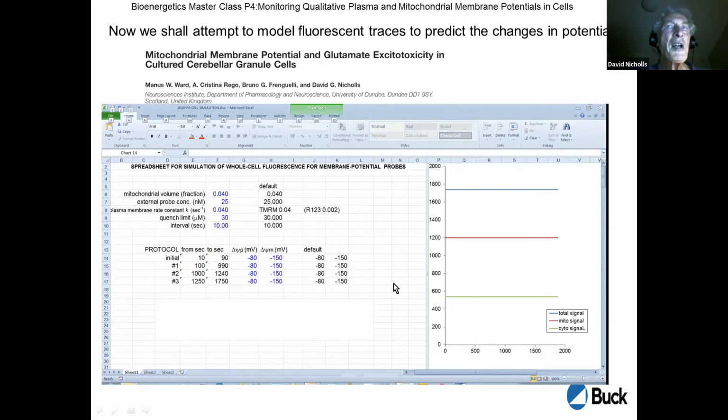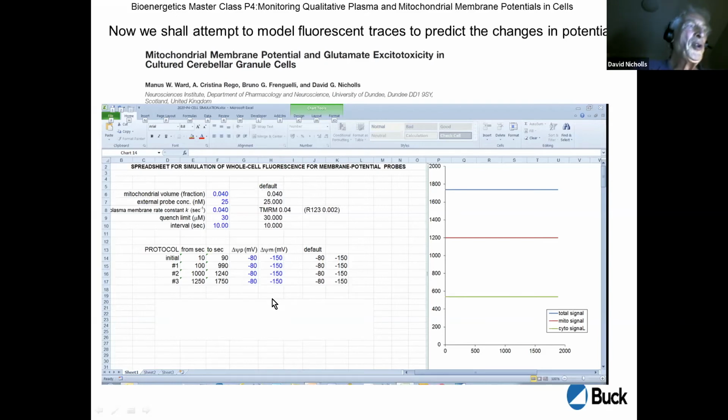So we can set up a protocol, and I've set up these various time interval protocols based on 10 seconds that we're going to, at 90 seconds, start off with basic conditions, then we can change plasma and mitochondrial membrane potentials at that time point, we can change them at that time point, and we can change them at that time point as well.